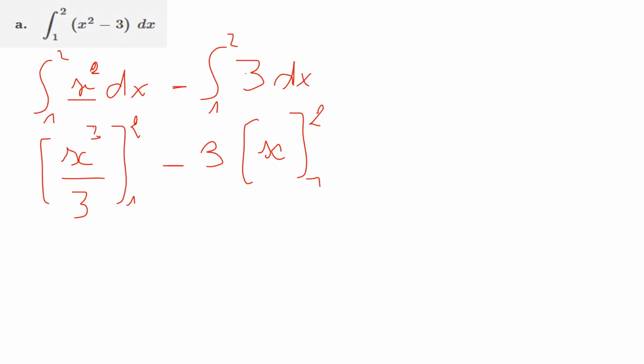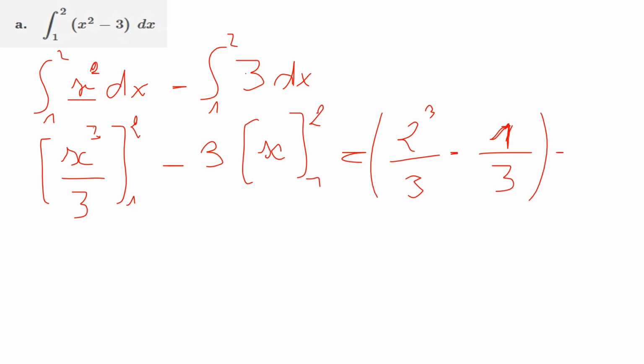This will lead to x cubed over 3 at point 2 being 2 to the power of 3 over 3 minus 1 to the power of 3 over 3. This is the first part.